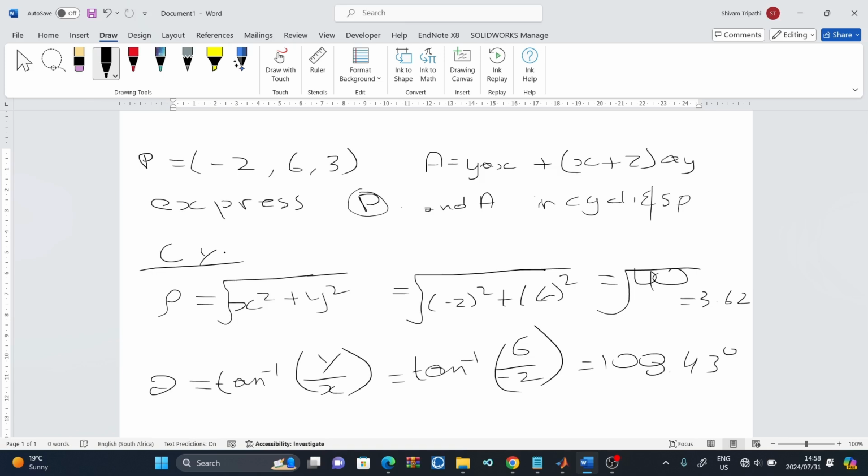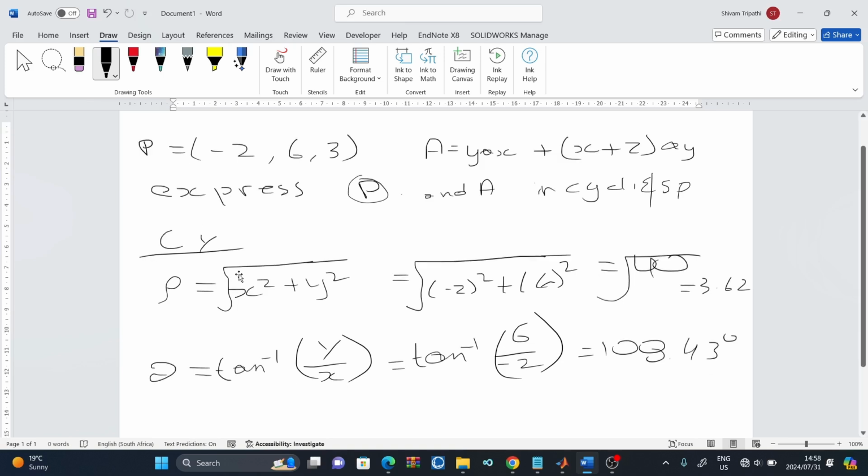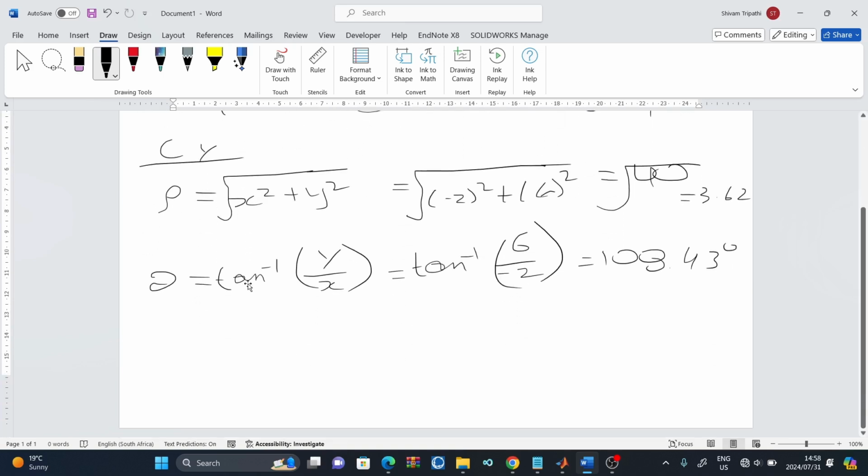So we are trying here to express our coordinates in cylindric. So our cylindrical coordinates of P will be 3.62. Then this should be in radians, just remember that.